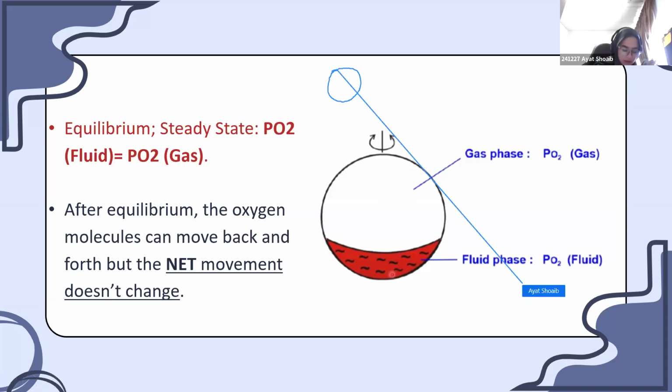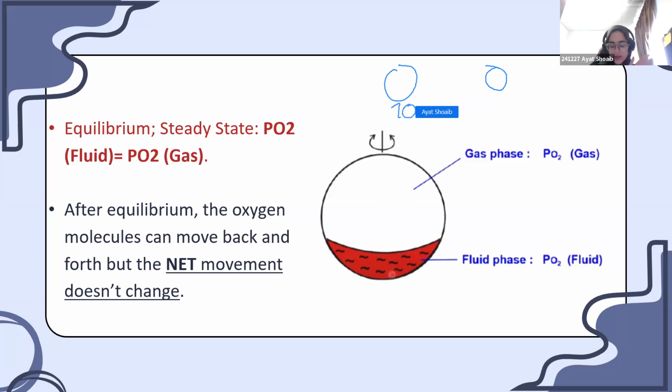For example, you have two balloons, right? Assume this has 70 particles and this has 30 particles. You know what diffusion is, right? Where there's high concentration and low concentration, it's going to move from the higher to the lower one. So it's going to keep moving from 70 to 30 until both of them are equal, which is going to be 50 and 50.